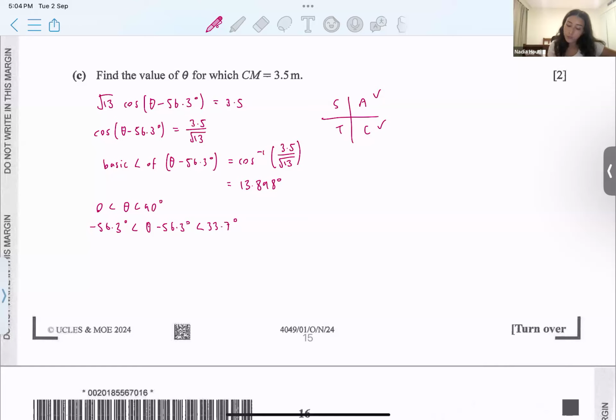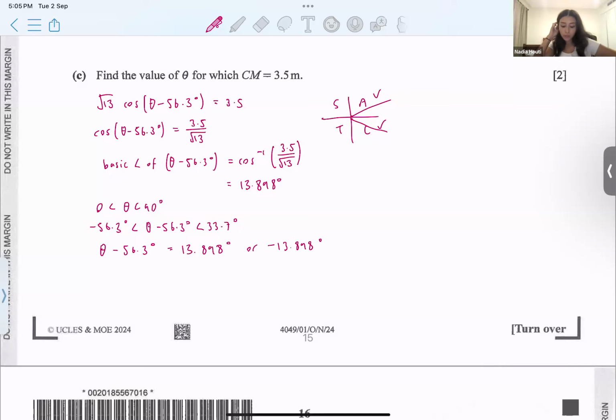So if we look at the first and fourth quadrant, in the first quadrant, the angle itself can be 13.898 degrees. So theta minus 56.3 degrees can be either 13.898 degrees, or if it's in the fourth quadrant, it can also be negative 13.898 degrees, right?